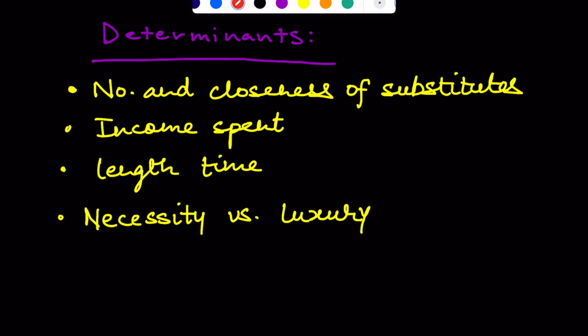Necessity versus luxury, the final determinant that we consider. Generally speaking, luxuries take a greater proportion of your income. So as a result, they're not necessary for your well-being and are considered elastic, while necessities are essential for our lives, and whether or not the price changes for a necessity, we're going to buy it.